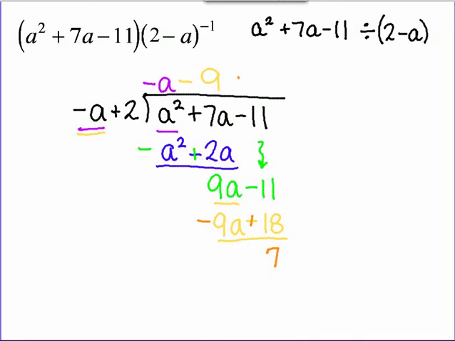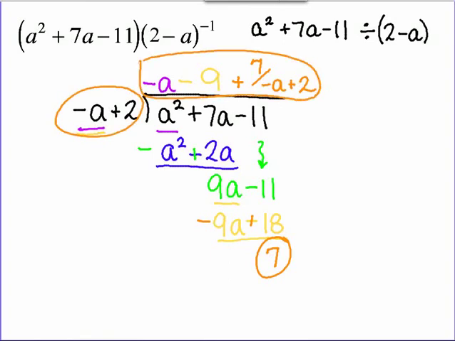All I'm going to do is put a plus sign, and then the 7, but the 7 is divided by negative a plus 2. So whatever remainder you get, all you're going to do is put it over the divisor. That is the proper way to write a remainder. So whatever number here divided by this will be your remainder, and that is going to be your final answer.